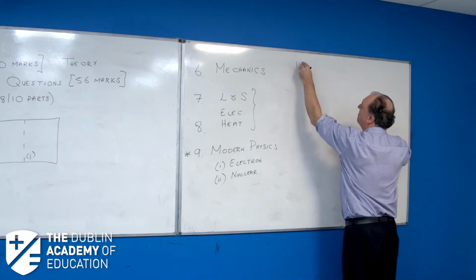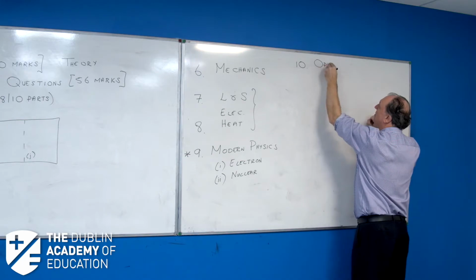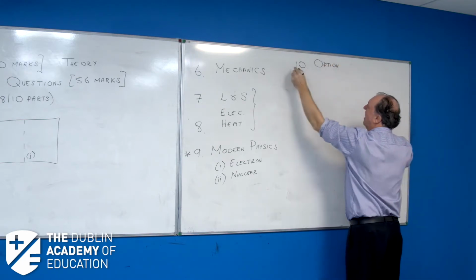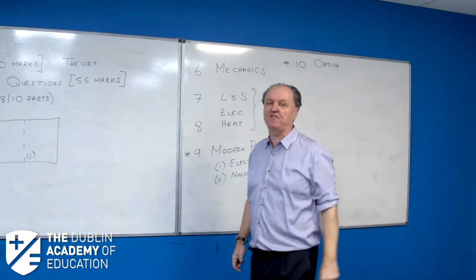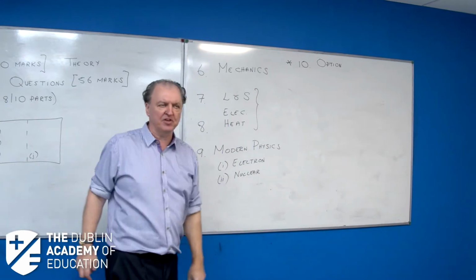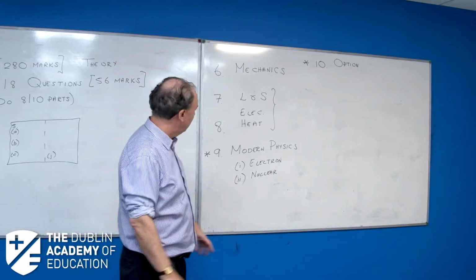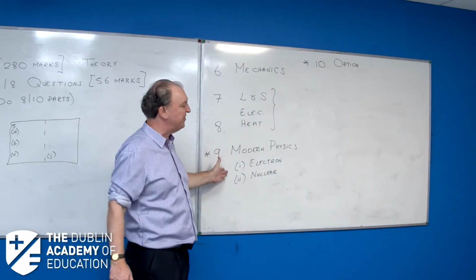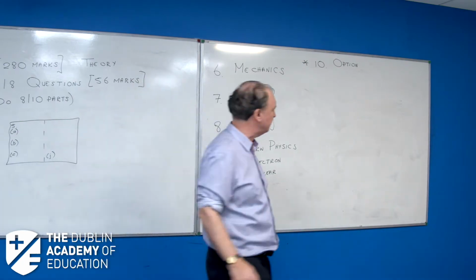Question 10 is your option question. Again, I tell students to do that because the option that we choose is particle physics. And particle physics is very, very, very short. It's so short that they sometimes ask some modern physics from the nucleus, like the nuclear reactor, in the particle physics.